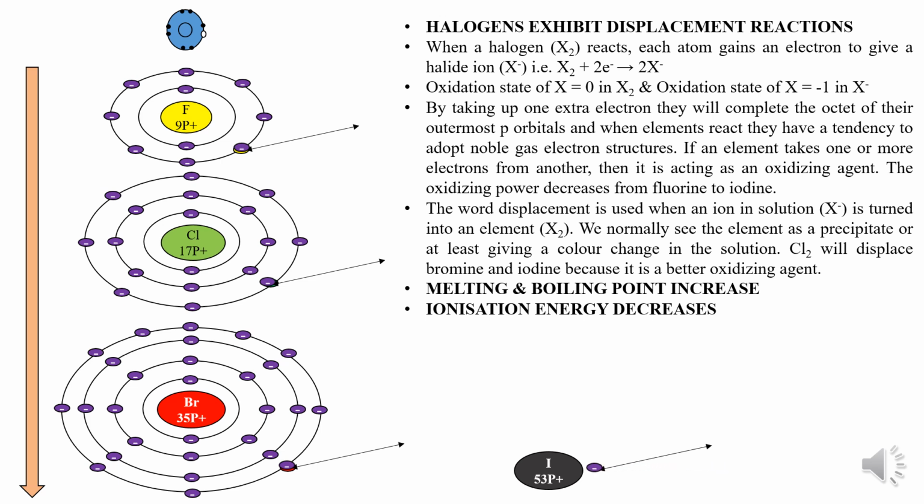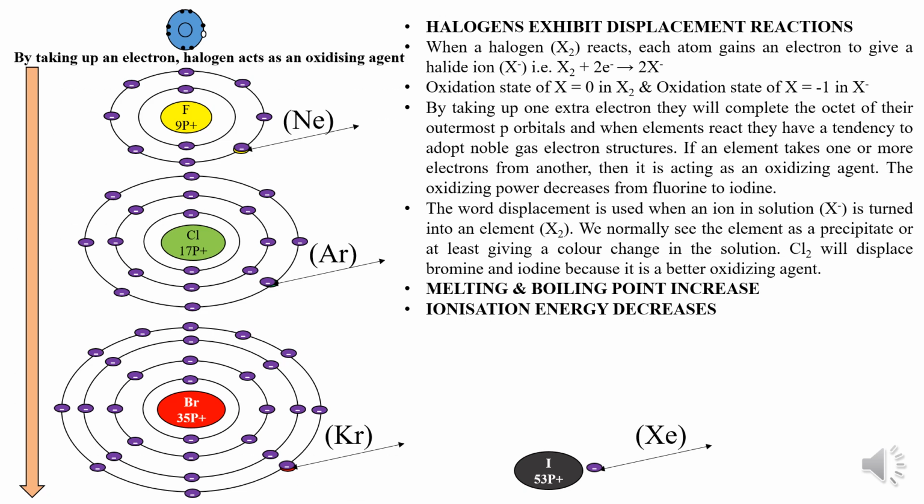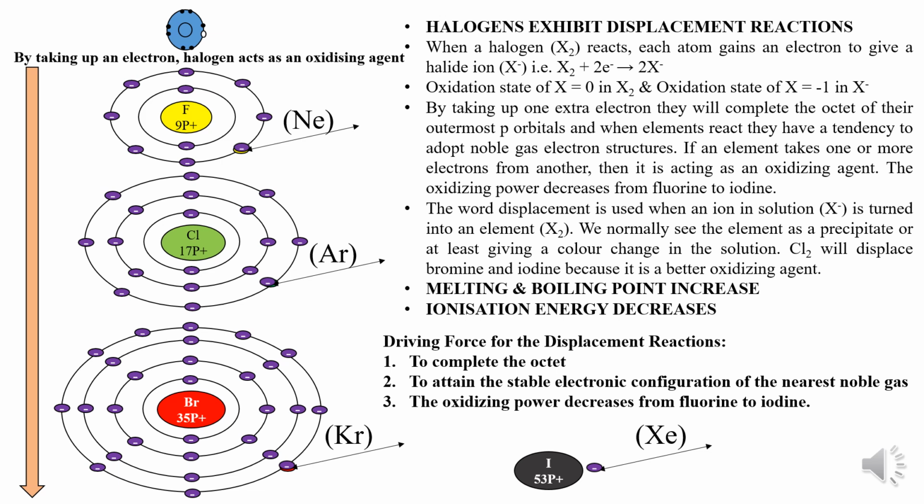By gaining an electron, fluorine attains the electronic configuration of noble gas neon. Chlorine attains the stable electronic configuration of argon. Bromine attains the electronic configuration of krypton, while iodine attains the stable electronic configuration of xenon. So by taking up an electron, halogens act as an oxidizing agent. Now, what is the driving force for the displacement reactions of halogens?